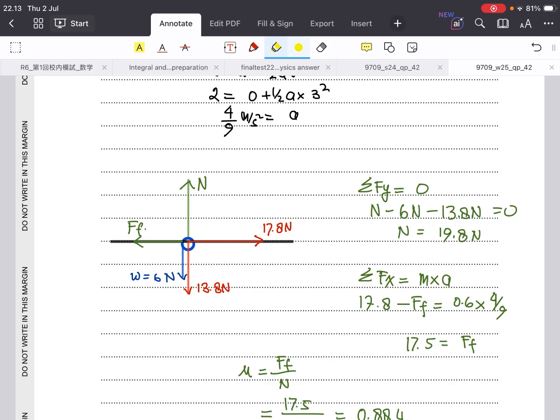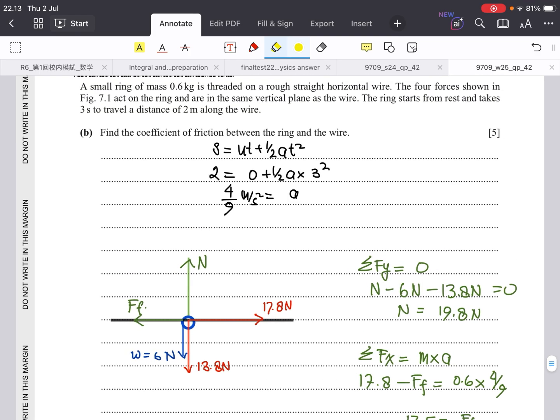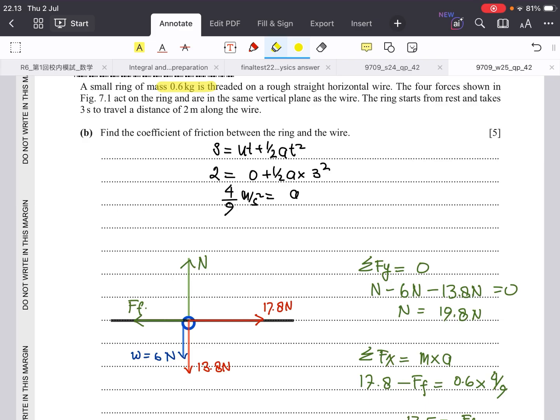In addition to those four forces, we also have the weight of the ring, which is 0.6 times 10, so the weight is 6 Newton. And then we also have the normal contact force between the ring and the wire. And lastly, we also have the friction force.